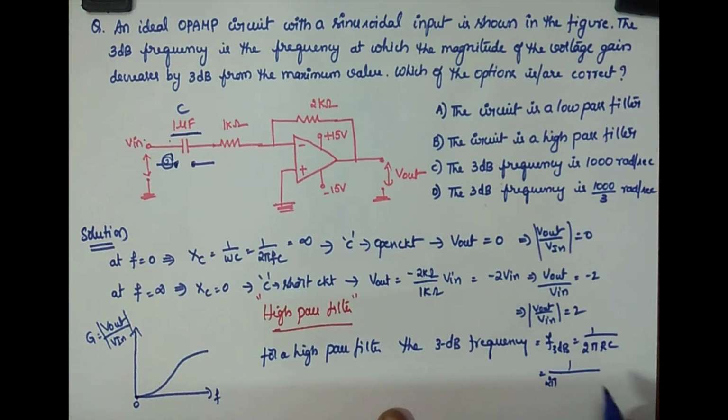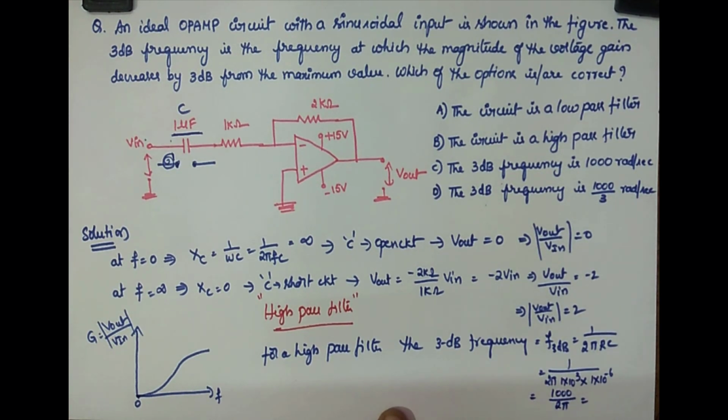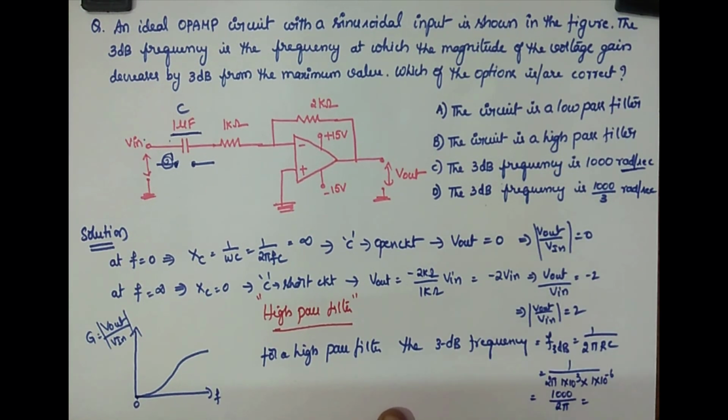If you substitute the values, you're going to get 1 by 2 pi. What is R here? R is 1K, so it is 1 into 10 cube, and C is 1 microfarad, that is 1 into 10 power minus 6. Okay, so what are you going to get? You're going to get 1000 by 2 pi. Okay, means this is the frequency. Now in the options, the frequency is given in terms of radians per second.